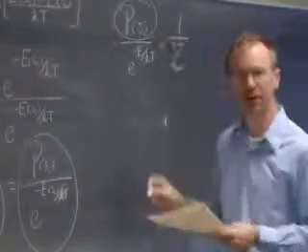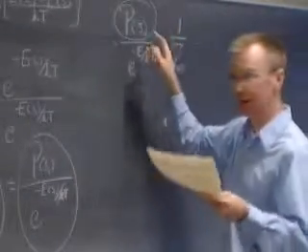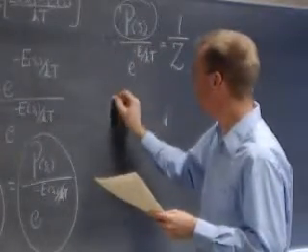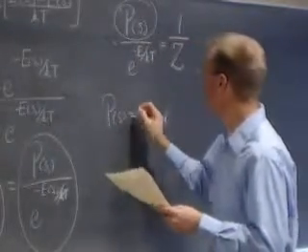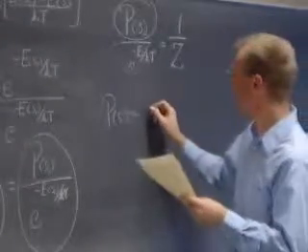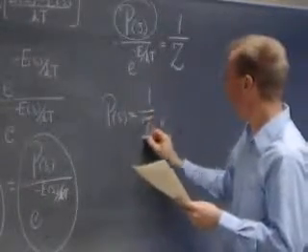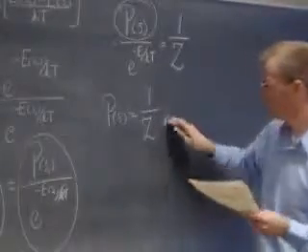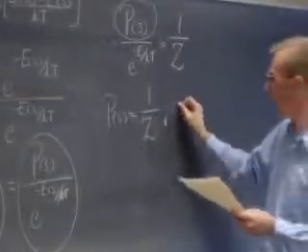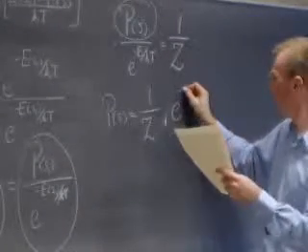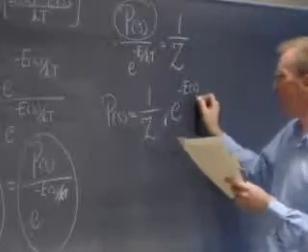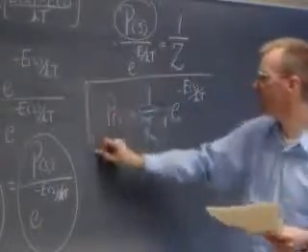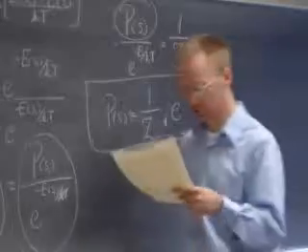If I want to find the probability of the system being in a microstate S, I multiply both sides by this exponential, and I get 1 over the partition function, capital Z, times e to the minus energy of the microstate S over kT, Boltzmann's constant times the temperature of the reservoir.